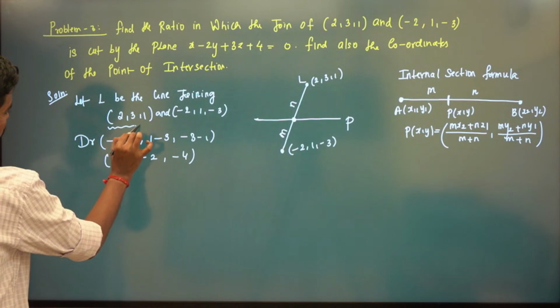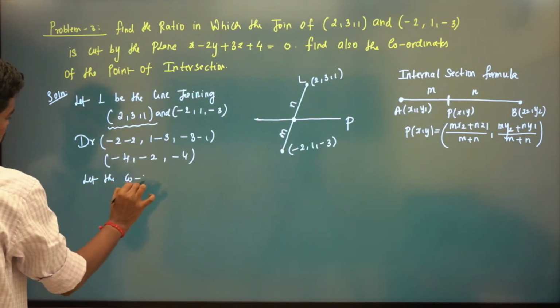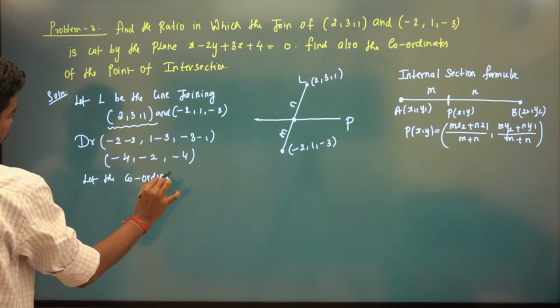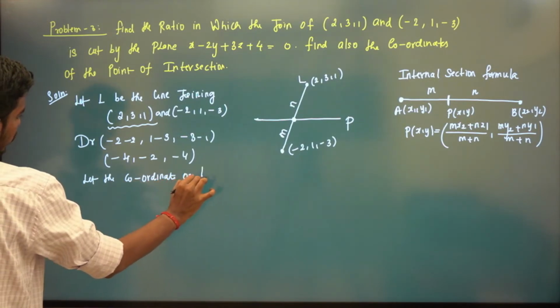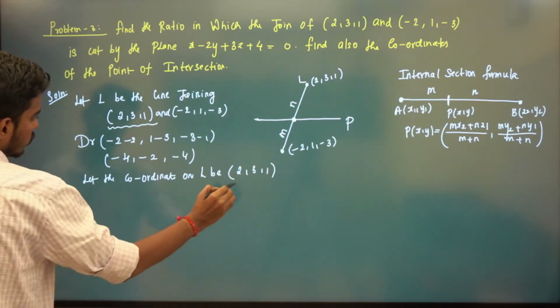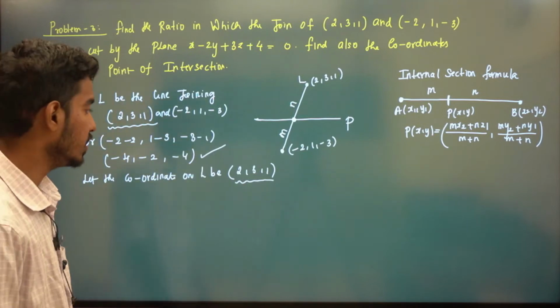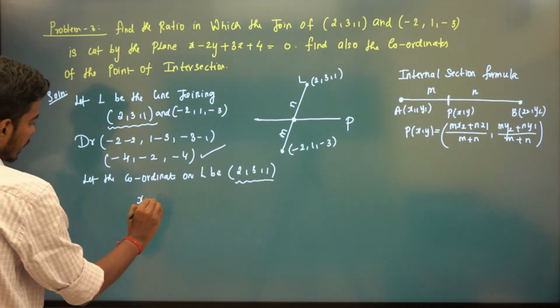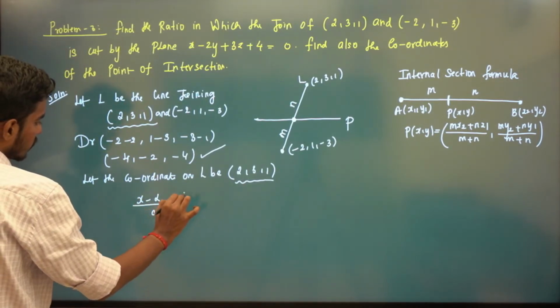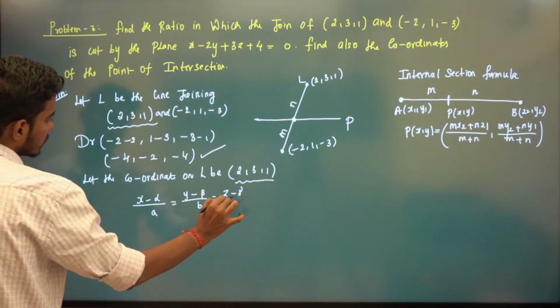Let us take one coordinate. Let the coordinate on L be, you can take any one, I'm taking 2 comma 3 comma 1. So you know one coordinate and you know the direction ratio. What is the equation of this line? It is (x minus alpha) by a, (y minus beta) by b, (z minus gamma) by c.